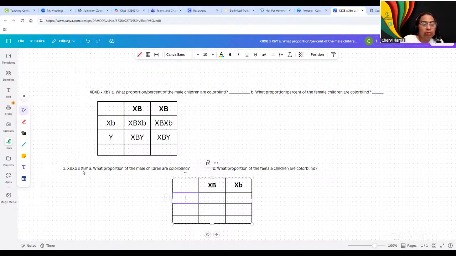All right, and we're crossing that with the male. So we're taking one of the offspring from question 2, and we are mating those. So capital B, and Y.